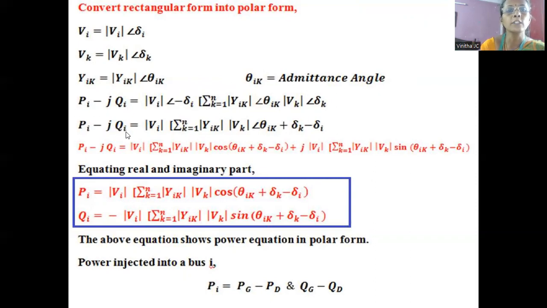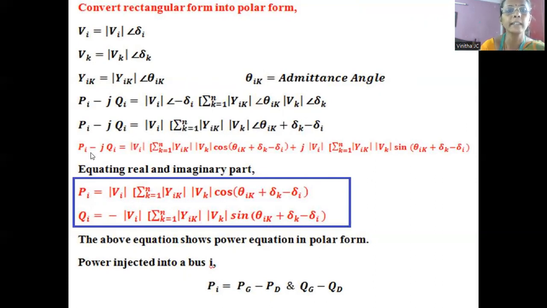That is, Pi minus j into Qi equal to Vi sigma k equal to 1 to n Yik Vk angle theta ik plus delta k minus delta i. That is, we are taking all the magnitudes separately, and we are adding all the angles separately.